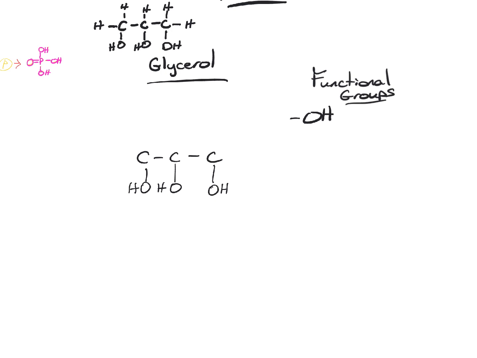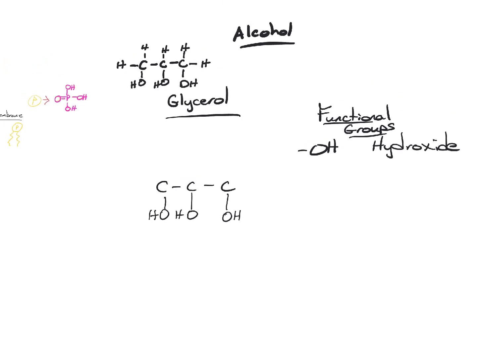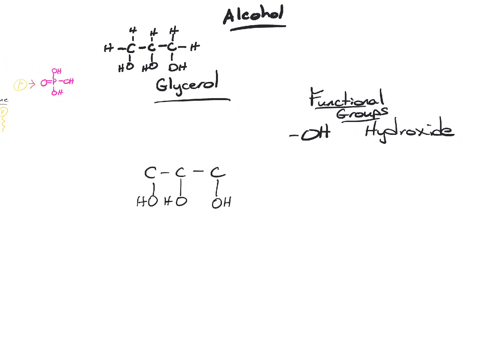It's called hydroxide. By gosh, you should know hydroxide. There should never be a question, hydroxide. OH, hydroxide. If you have OHs, it's an alcohol. If it's 3 carbons with 3 OHs, 3 oxygens, it's a glycerol.